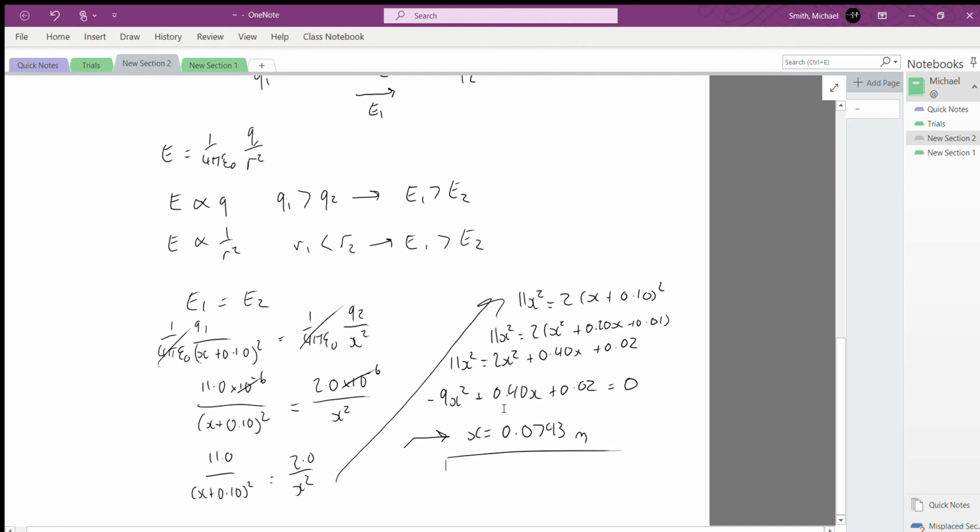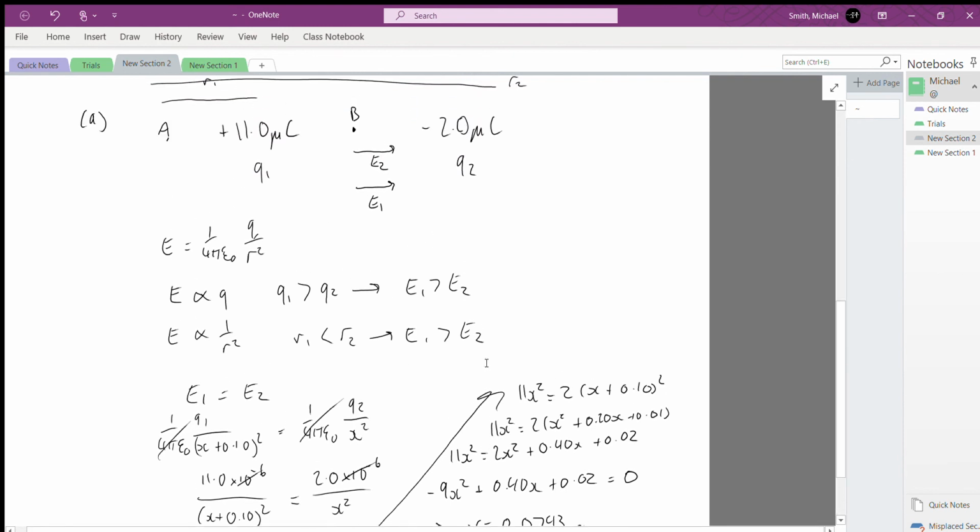But then if I'm feeling like a bit more work, you can go through and do the algebra just to verify that you got the correct answer. If you do choose to use the equation solver or whatever other method to work out x, because it's a quadratic, there'll be 2 solutions, so make sure that you choose the correct physical value for x. One of these will be positive, one will be negative. In this case, you need to make sure that you choose the positive value of x.